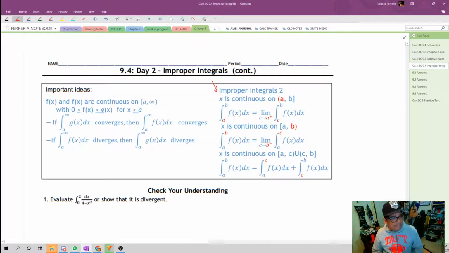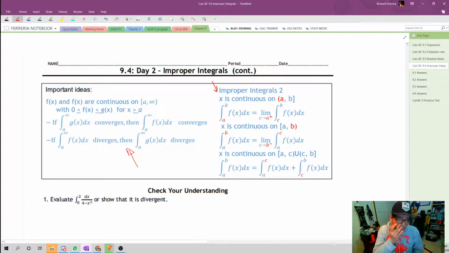And then this is the one that we just went over: if the bigger function converges, the smaller function also converges, and if the smaller function diverges, then the bigger function is going to diverge.